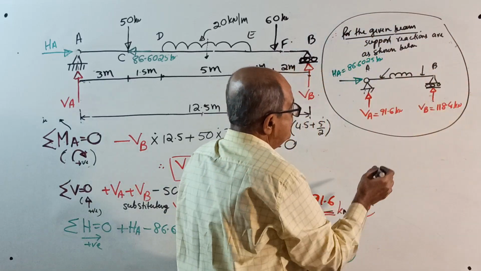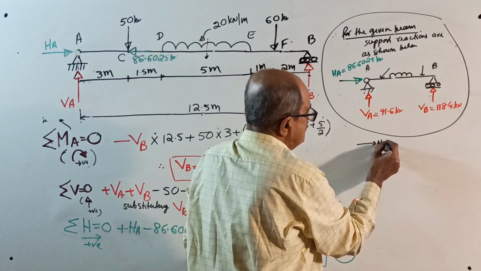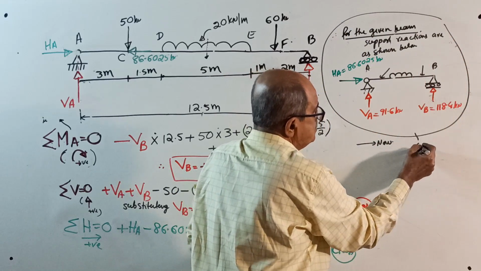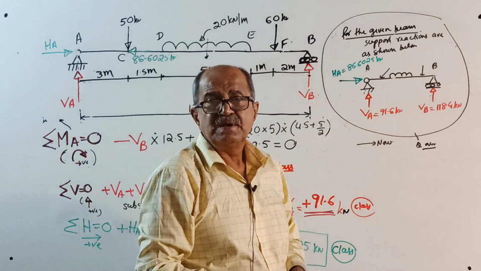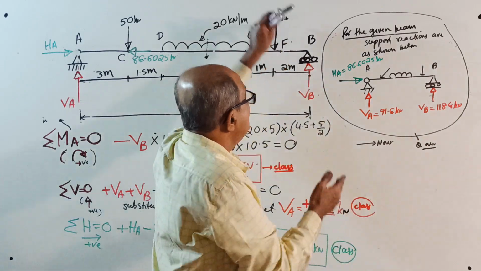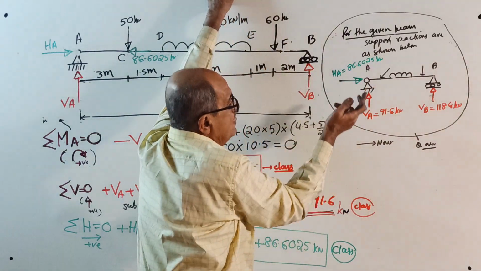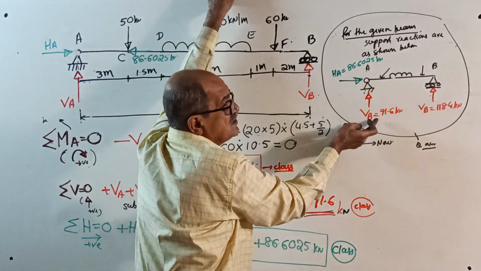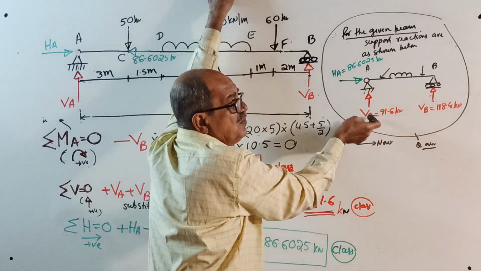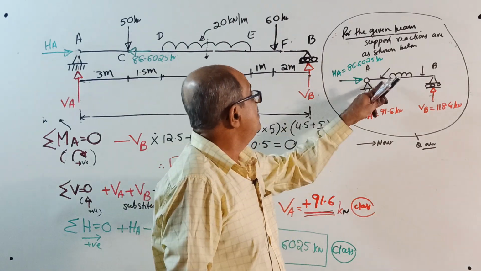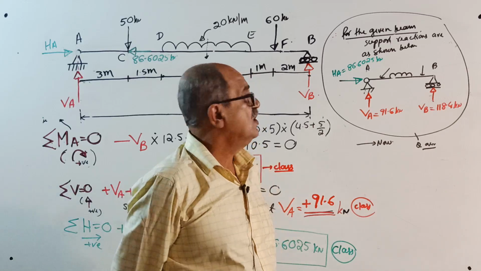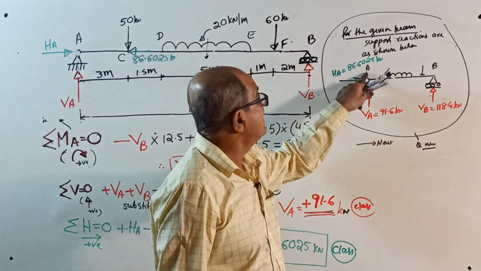Now, our question is over. One small note you make. Sometimes you will be asked to find the resultant reaction at A. Then it will be the square root of the sum of the squares of these two, and the angle made by the resultant reaction with the horizontal will be tan inverse of vertical reaction by horizontal reaction.